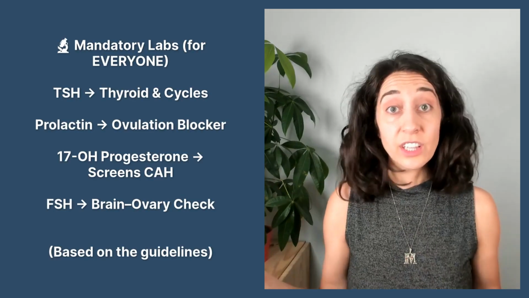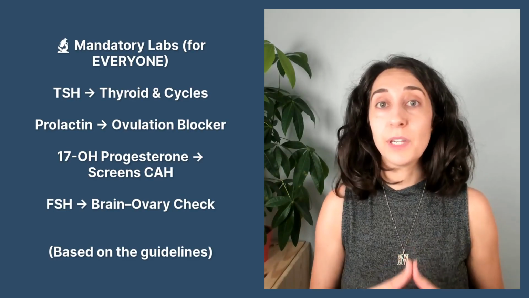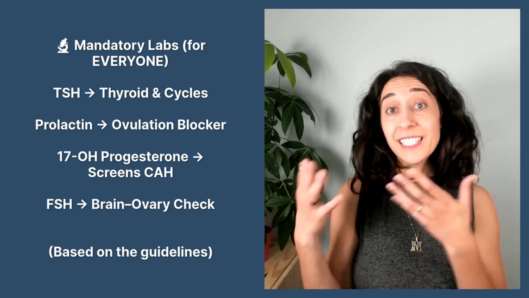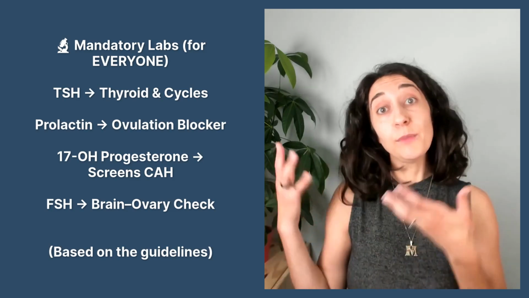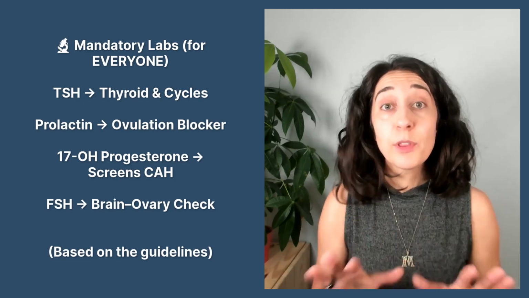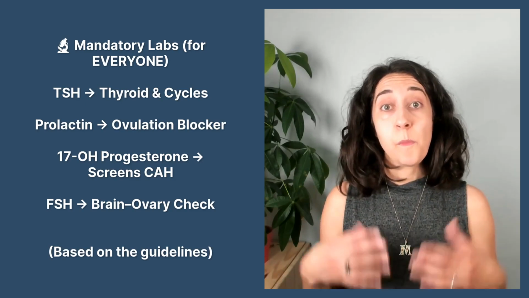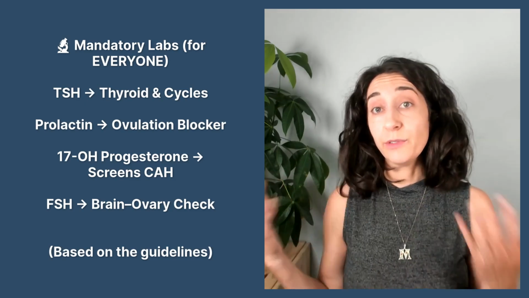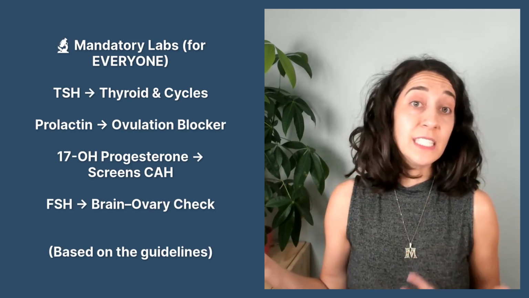Before we call it PCOS, we have to rule out other things that look like it. I sometimes call these mimickers, because they produce the same symptoms as someone with PCOS. Some of the most common mimickers are thyroid and prolactin, and those are fairly commonly tested.